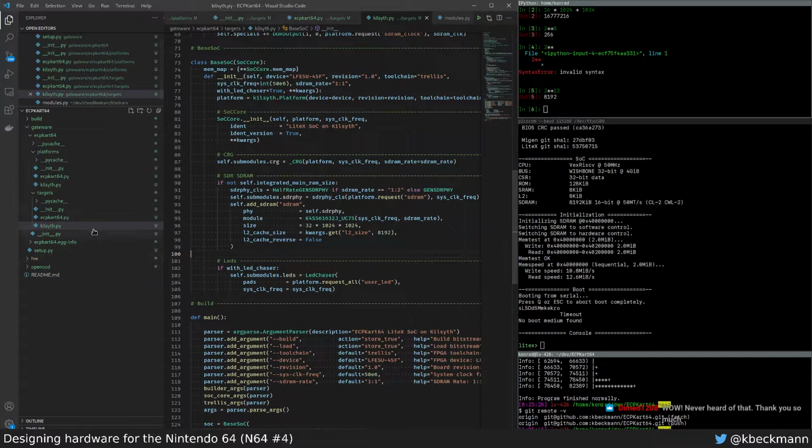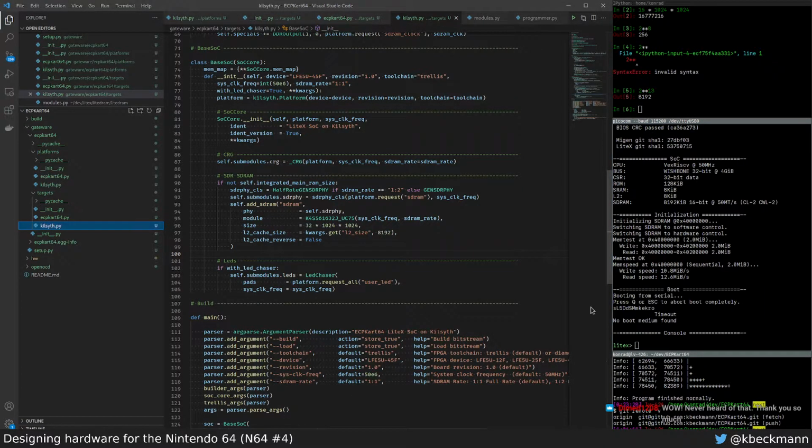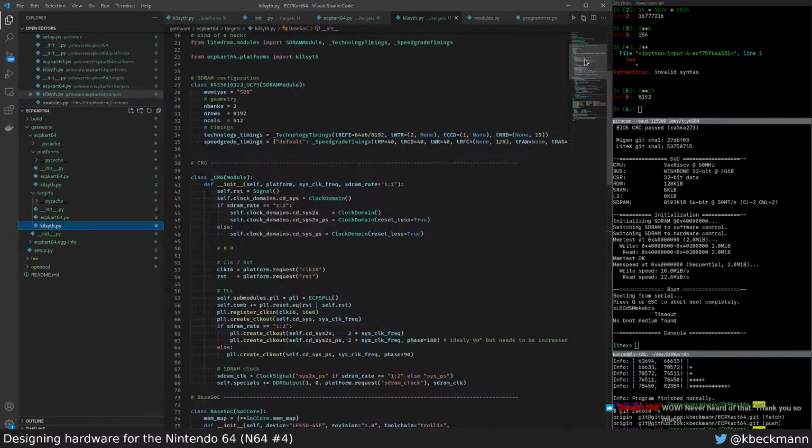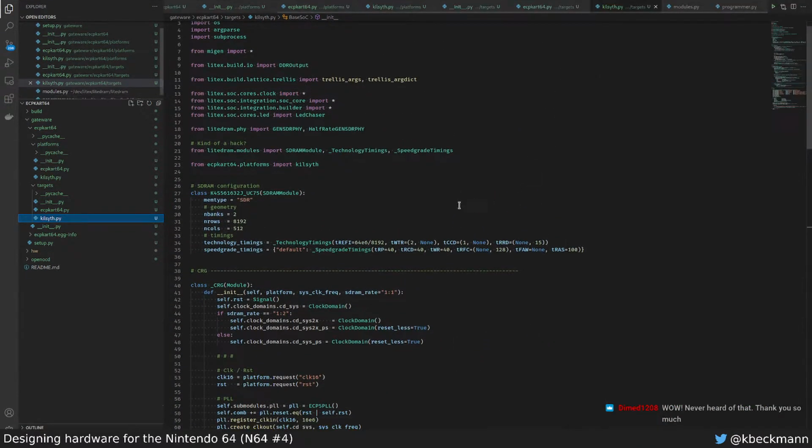So the entry point is the target. In order to define what a project should do, like what it should contain and how it should be set up, you can create a target like so.